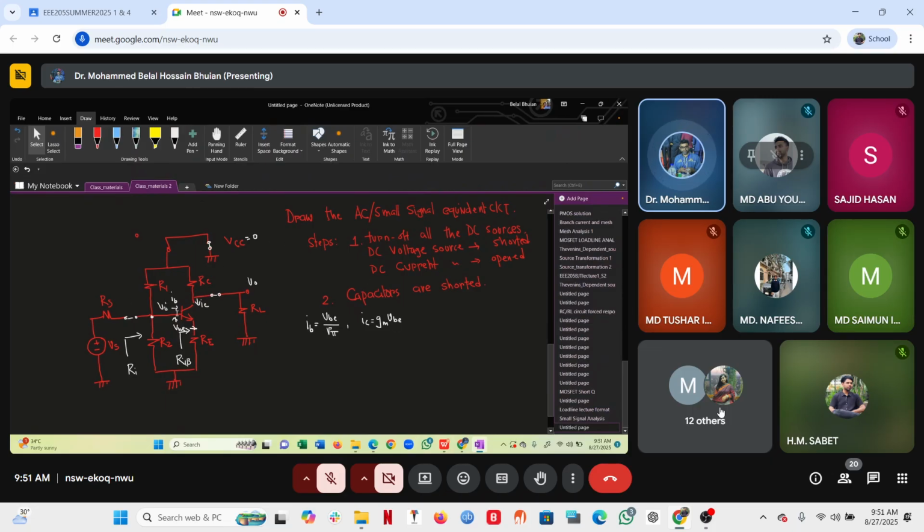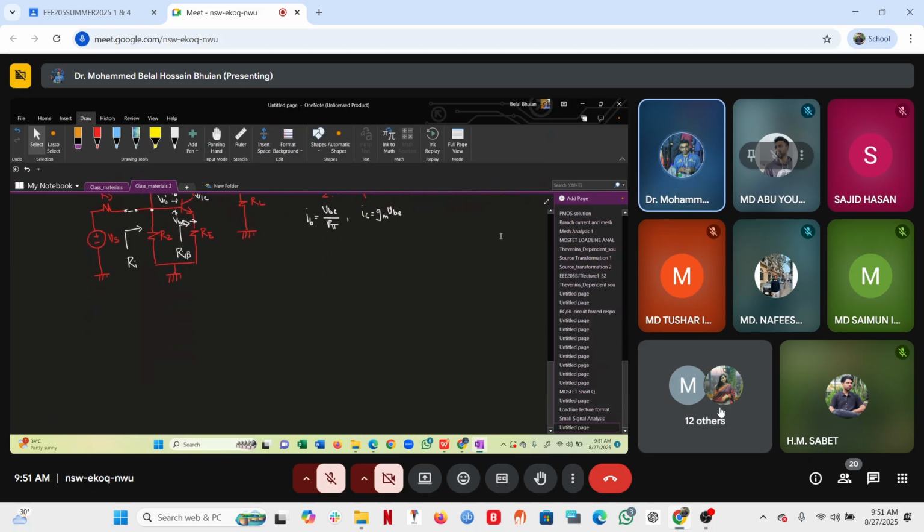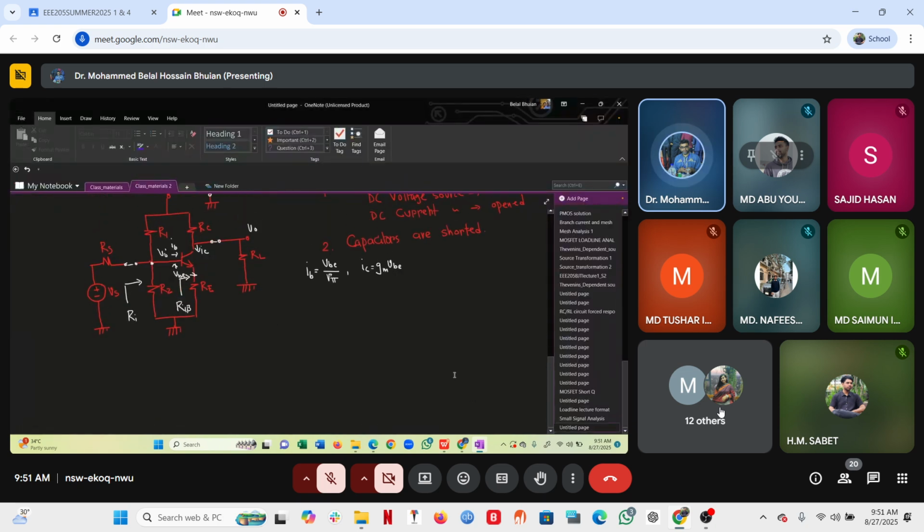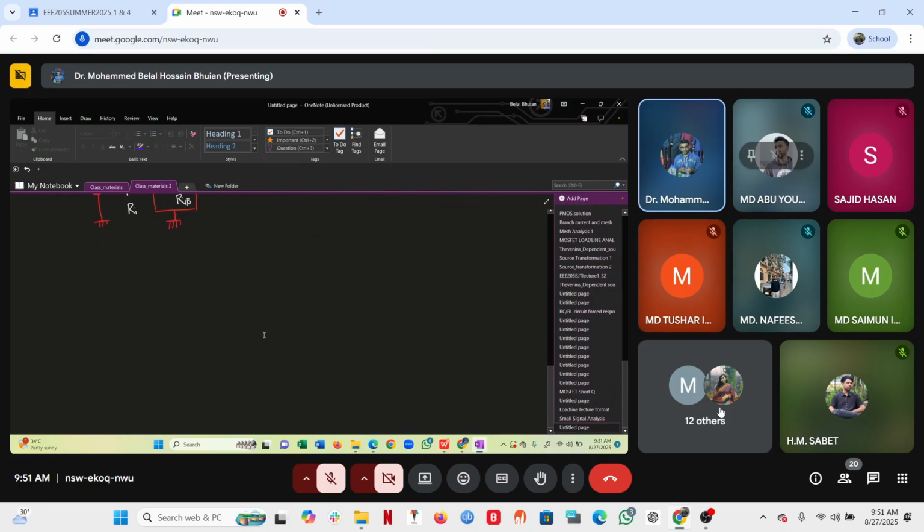We're going to replace the BJT with one of the models. So let's say we replace it with the pi model. So let me draw the pi model first.